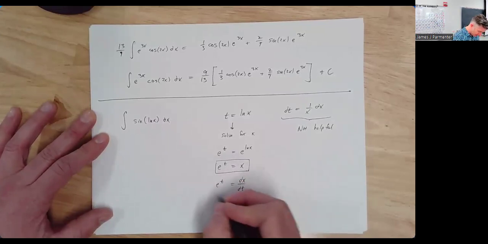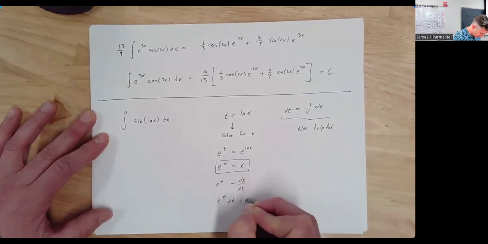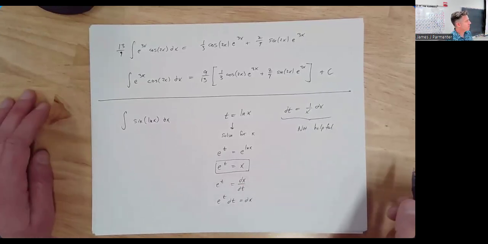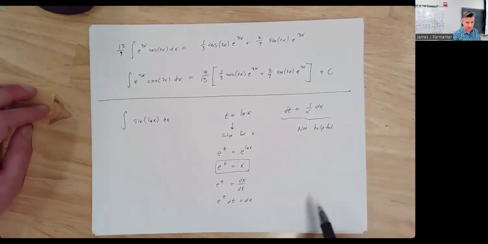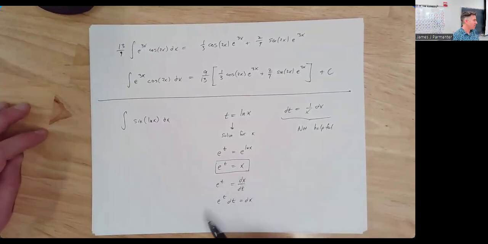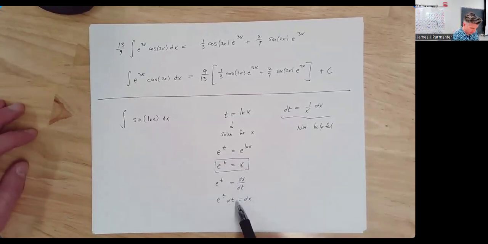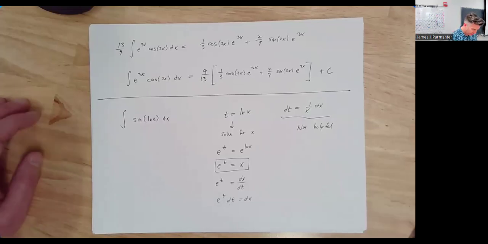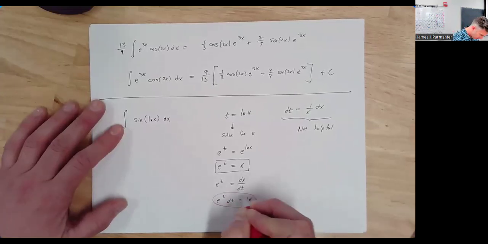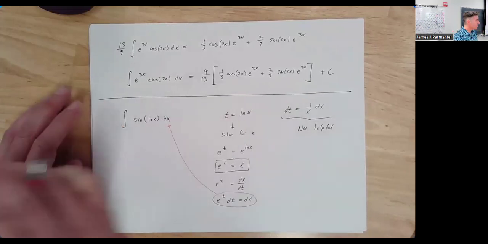And then I'm going to move the dt over to the other side and say that e to the t times dt is equal to dx. Basically, whenever you're doing a u sub and you differentiate both sides, just tack on the appropriate d-whatever on each side. So if it's a side with t on it, multiply it by dt. If it's a side with x on it, take the derivative and multiply by dx. And then that's what we're going to end up plugging in for dx.